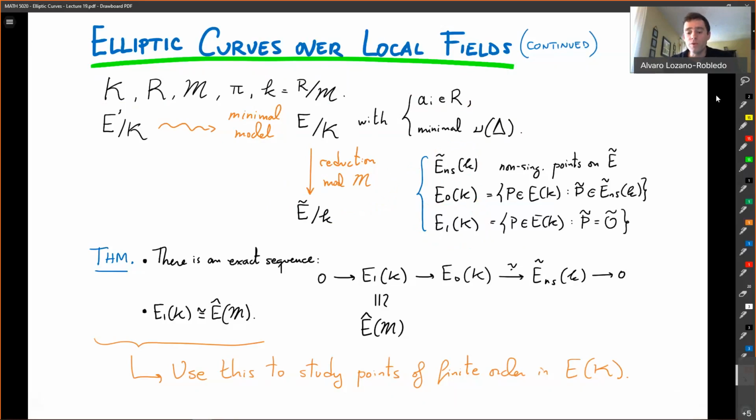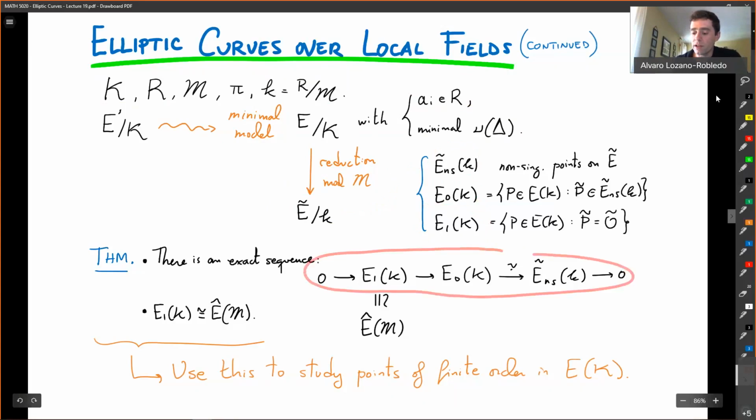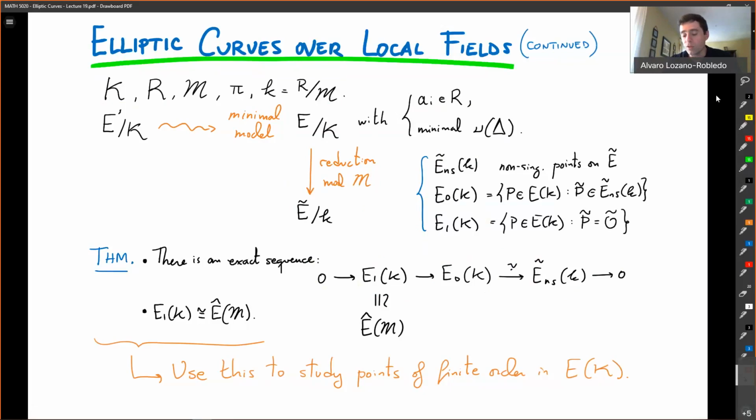And then what we proved is what I call the fundamental sequence in elliptic curves over local fields, which is this sequence that relates the points of non-singular reduction and the points that are non-singular over the residue field.